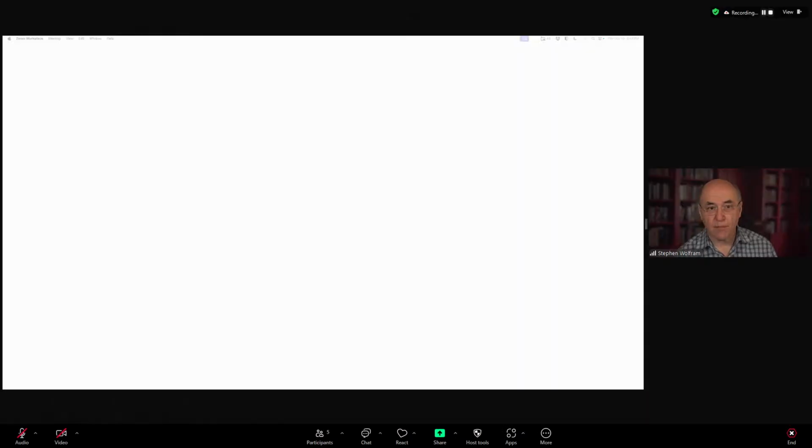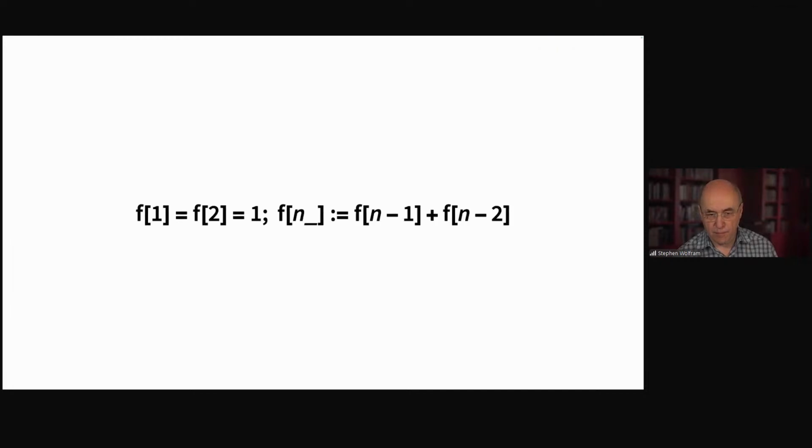Well, I knew, of course, about defining functions by recursion, like the Fibonacci function. Let me show you that. But could I find something like this that would have complex behavior?